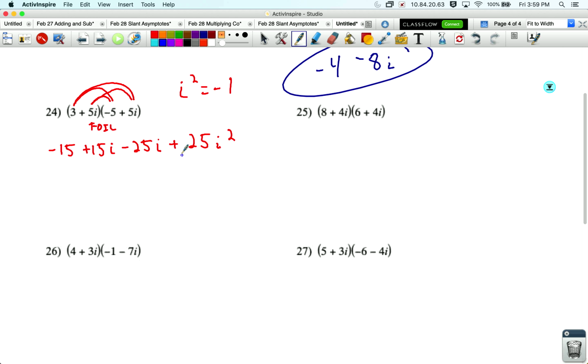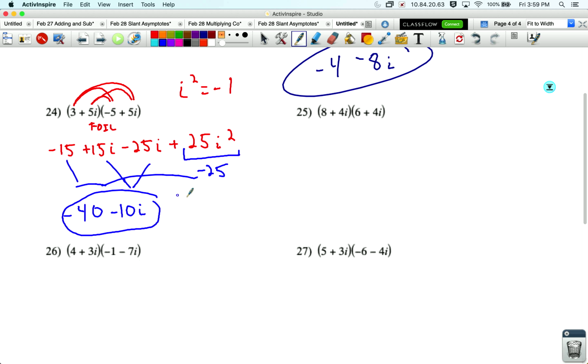But right here, 25i squared, well, i squared is equal to -1. This becomes a -25. Now I combine like terms. That'll combine with the -15 to go to the front, become a -40. And then these are like terms as well, and that becomes a -10i. All right, so -40 minus 10i.